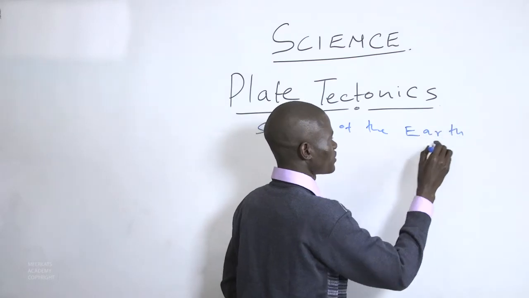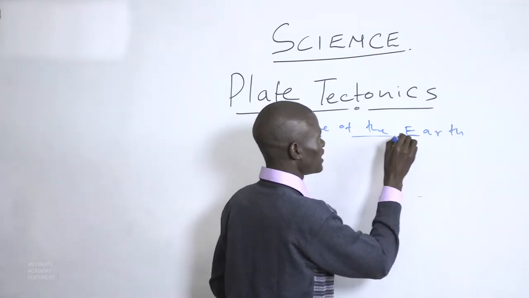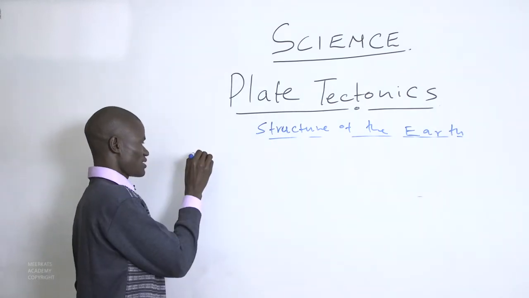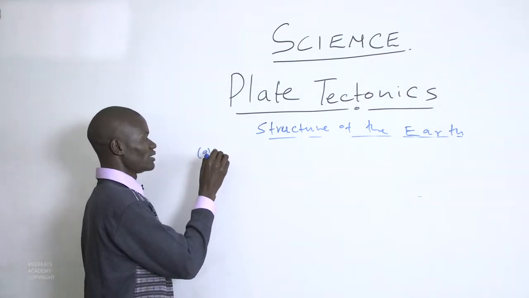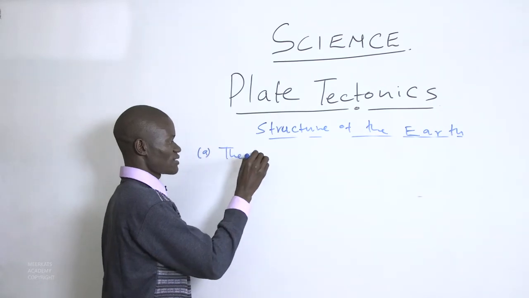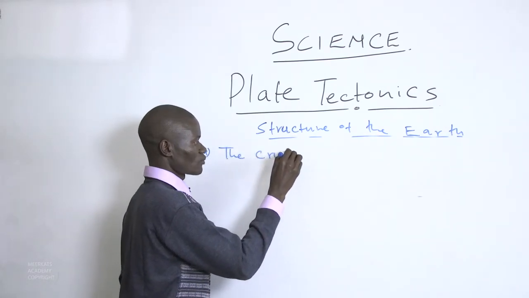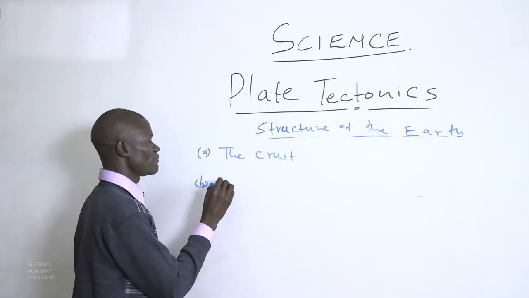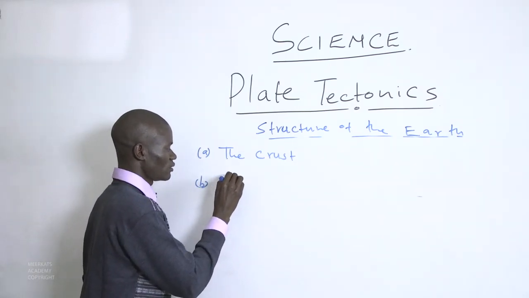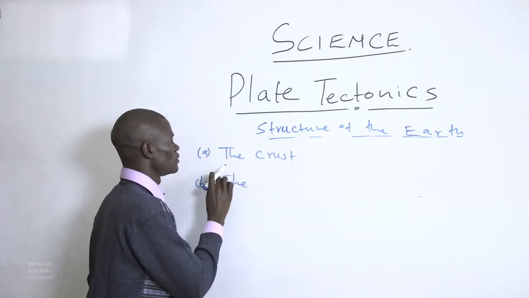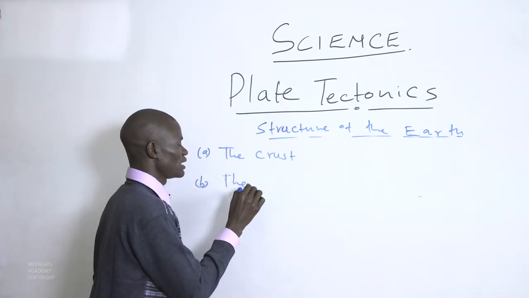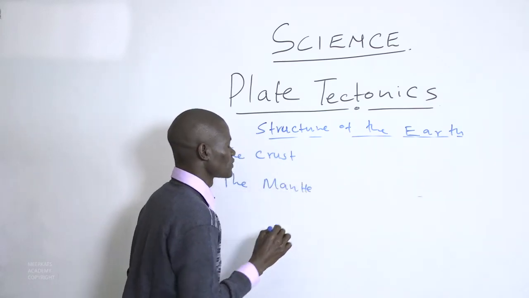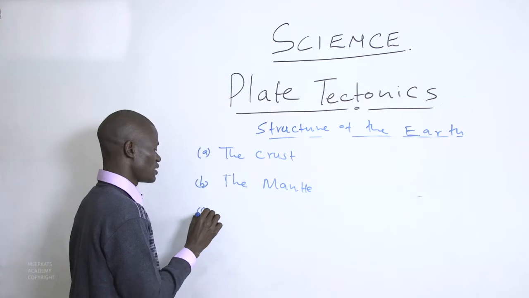From the previous lesson, we learned that the Earth is made up of three parts. One, the crust; two, the mantle; and the third part is the core.